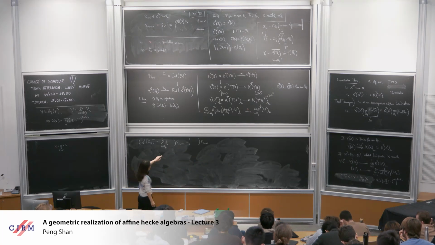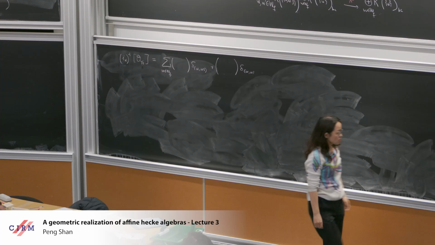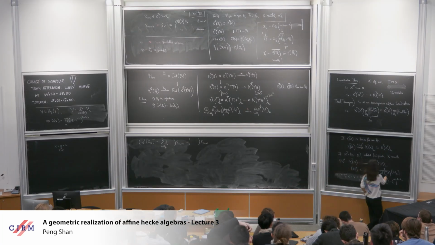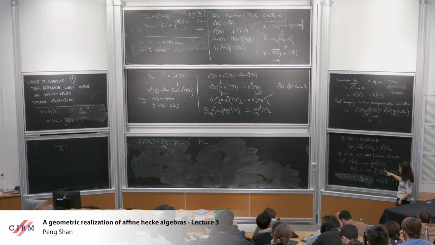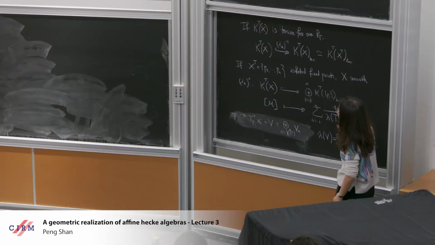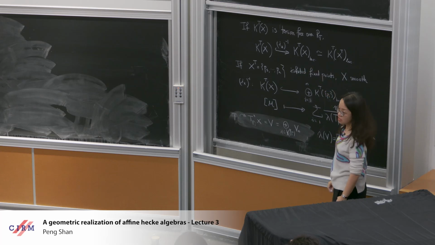And to compute the coefficients here, you need to compute the conormal of these fixed points, that is the cotangent fiber of your fixed points inside that variety YS.